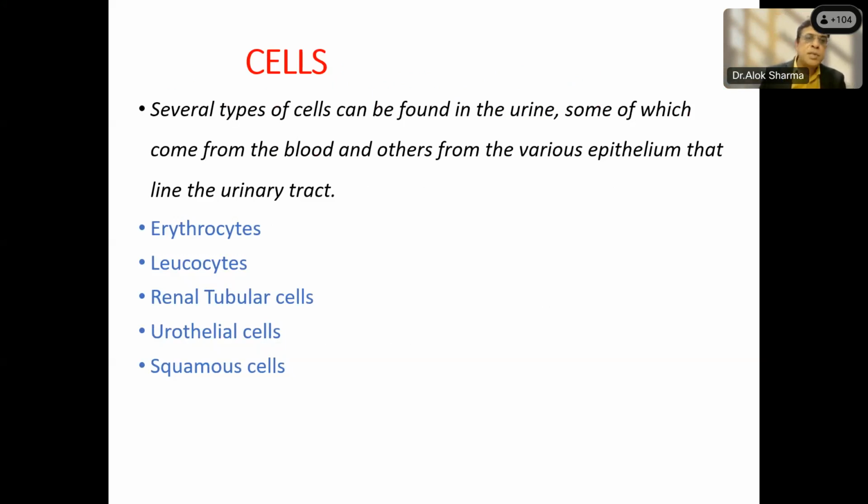So you have the WBCs, the RBCs, the renal tubular cells, the urothelial cells, the squamous cells. If you remember, there was one stain I told you about earlier. We can talk about it later in the seminar, which will distinguish between the various cellular types. Those kinds of general stains are useful when you want to distinguish between the various cellular types in the urine.